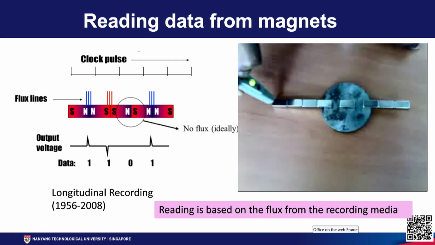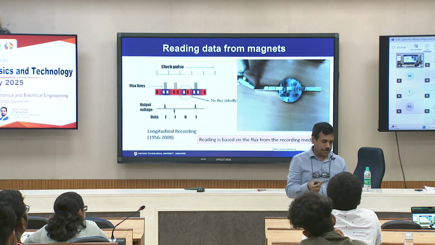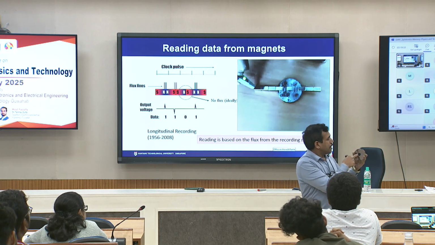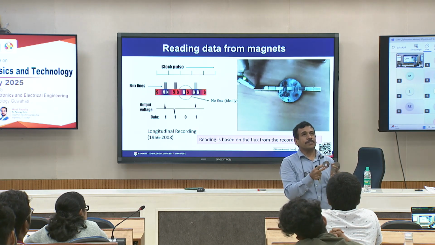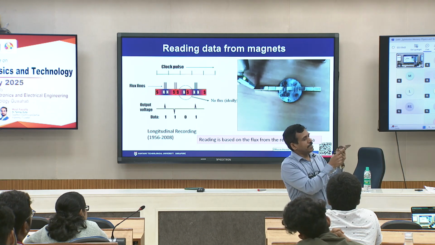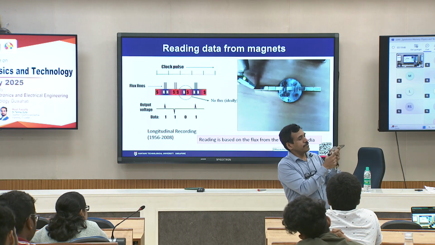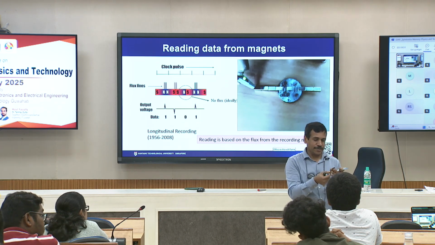Before we move on to the next slides, I want you to have a look at these things. On day 2 we learnt about substrates, right. These are the substrates that we use for hard disk storage. This is a 95 millimeter diameter disk, the substrate used for the 3.5 inch hard disk drive, and this is the 65 millimeter substrate used in laptop hard disk drives, the 2.5 inch form factor.